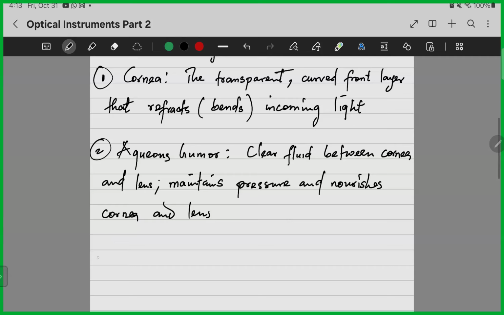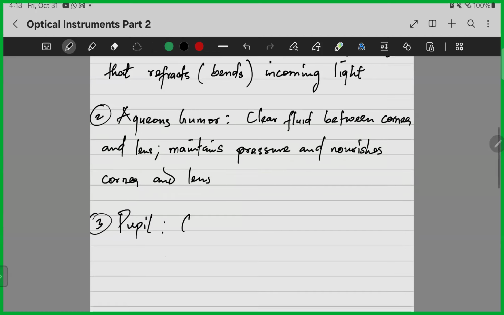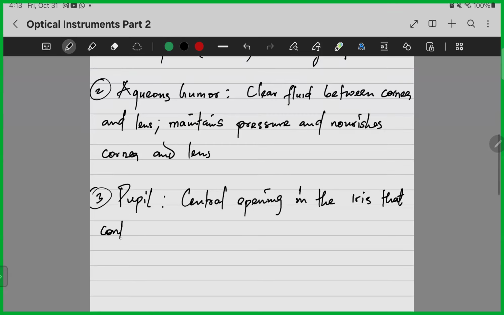I'll go straight into the pupil. This is the central opening in the iris that controls how much light enters the eye.